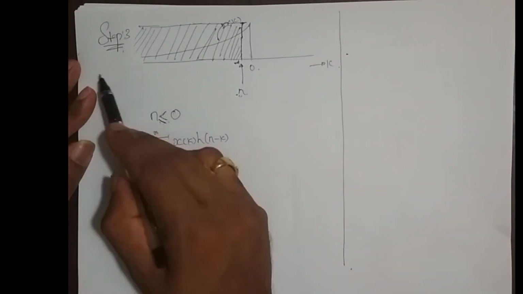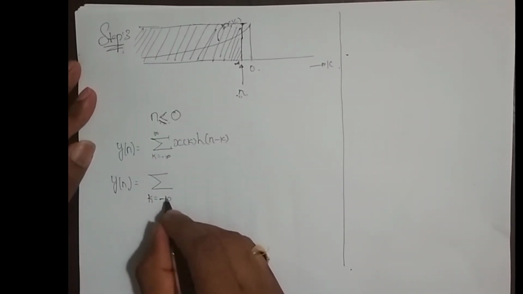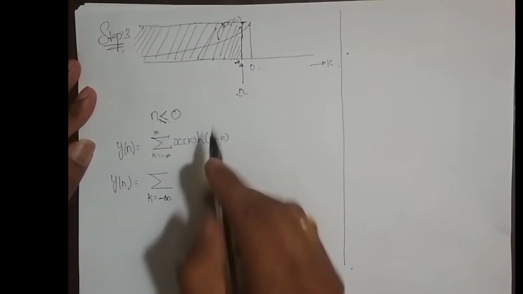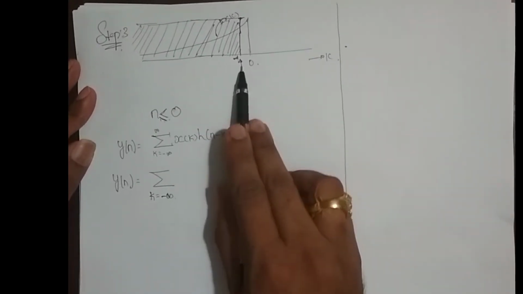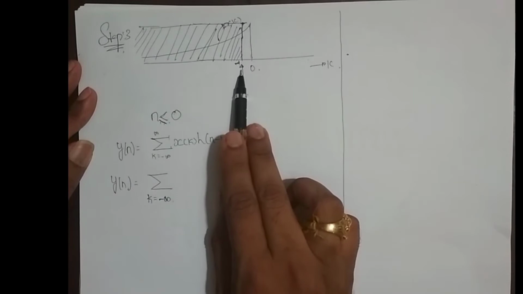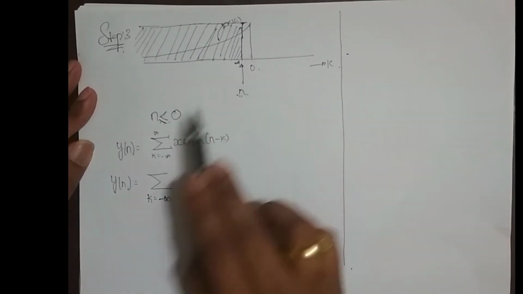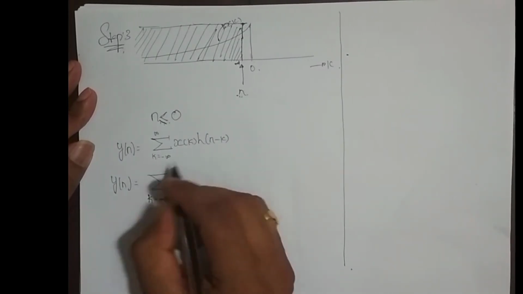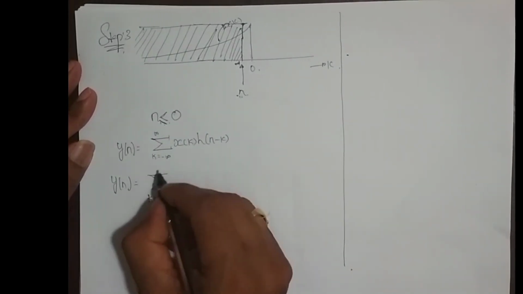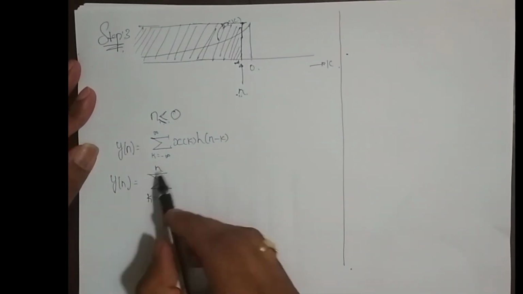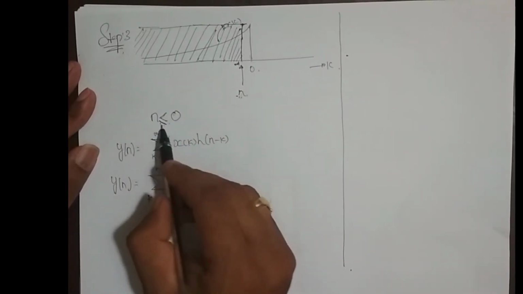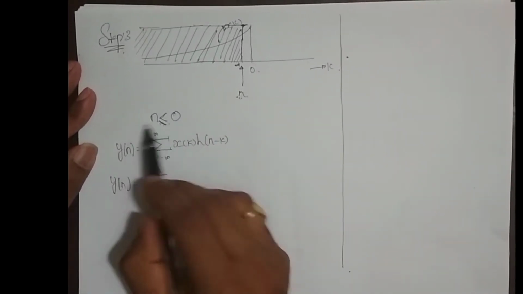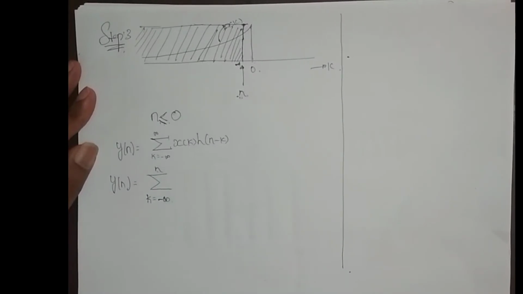It started from minus infinity, right? And where does it end? It ends depending upon where I keep this n slider. There is a condition: I can keep it till n equal to 0. So for k varying from minus infinity to n, and n should be less than or equal to 0. From minus infinity till 0, I can keep this n, right?